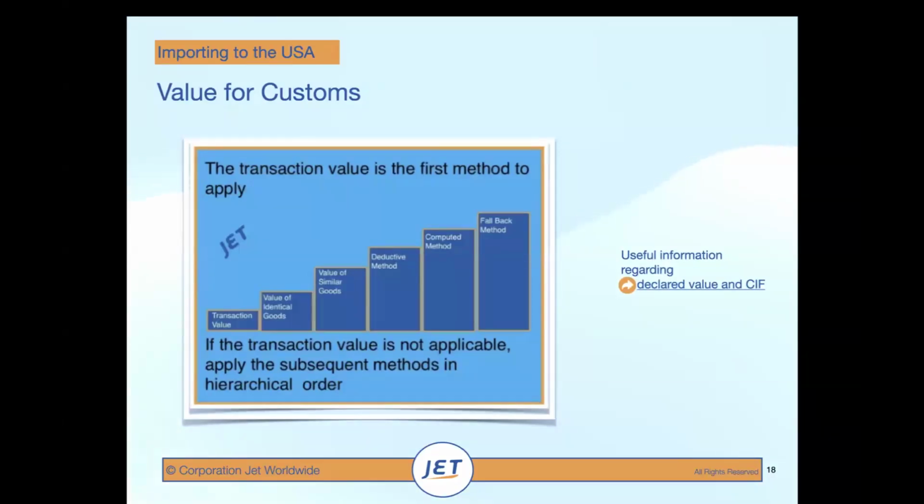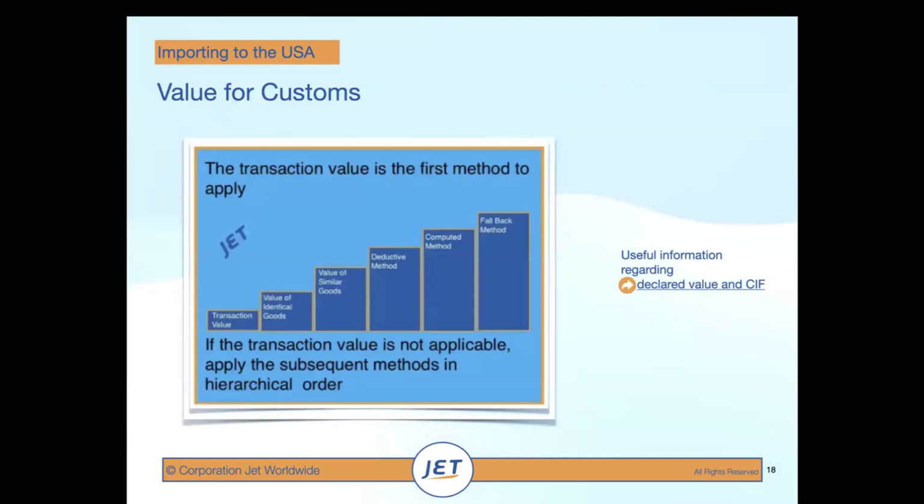Each method of valuation follows in hierarchical order. So you take the transaction value, well, it's not really a transaction. Okay, what's the value of identical goods? Then you go to the value of similar goods. If none of those are possible, then you go into the more computed, deductive methods, and fallback methods. But just keep in mind that these exist.